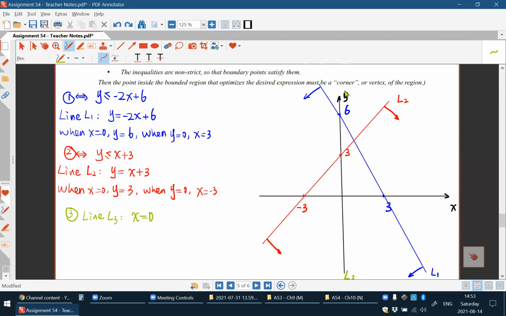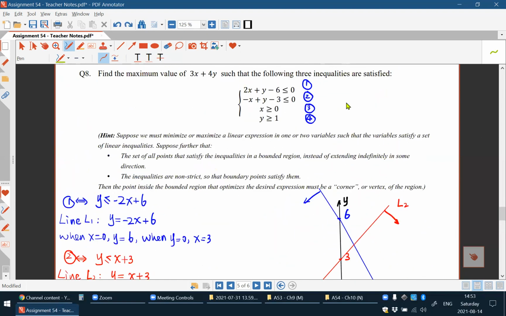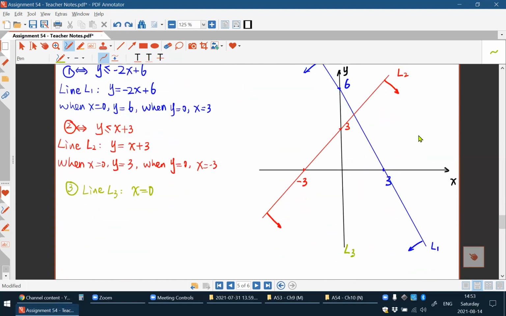So this time we can just draw L3 on the y-axis. And the inequality says x should be greater than or equal to 0. So this means the third region is to the right of the y-axis. This is our third region.